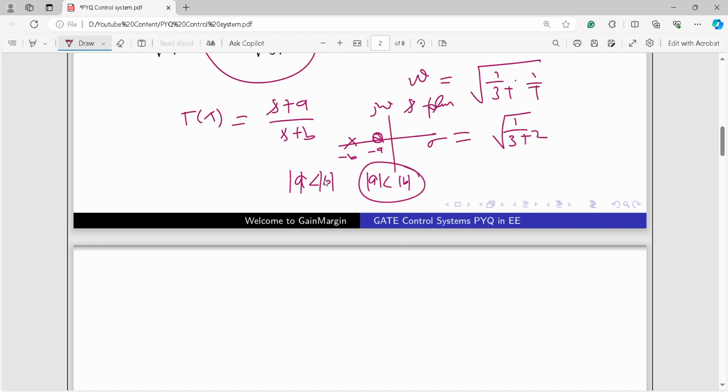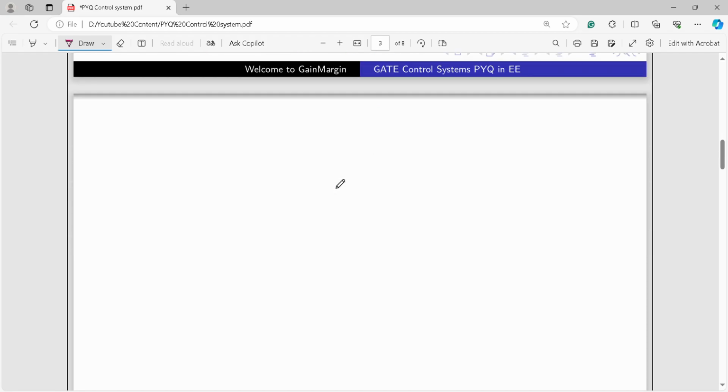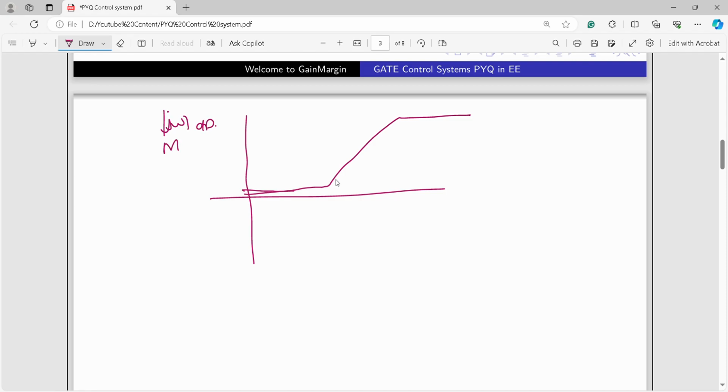And one more thing, if you draw the Bode plot, we get a better picture of what the Bode plot of the lead compensator generally looks like. This is my magnitude in dB and this is log omega.